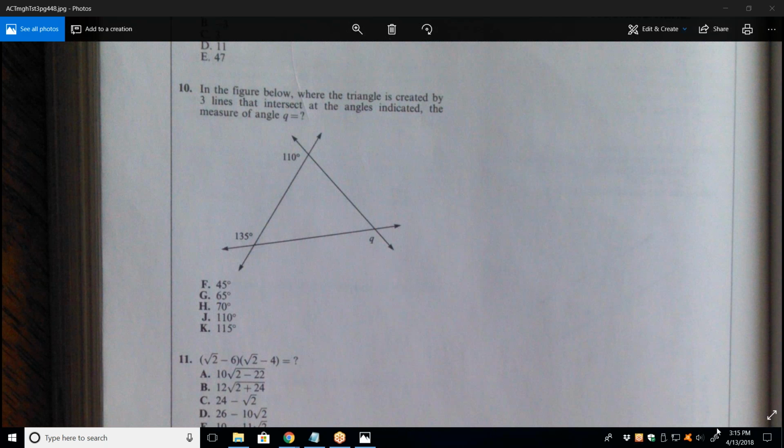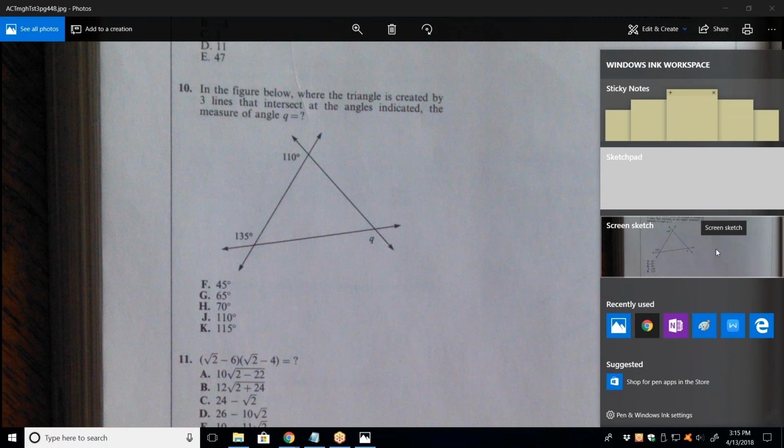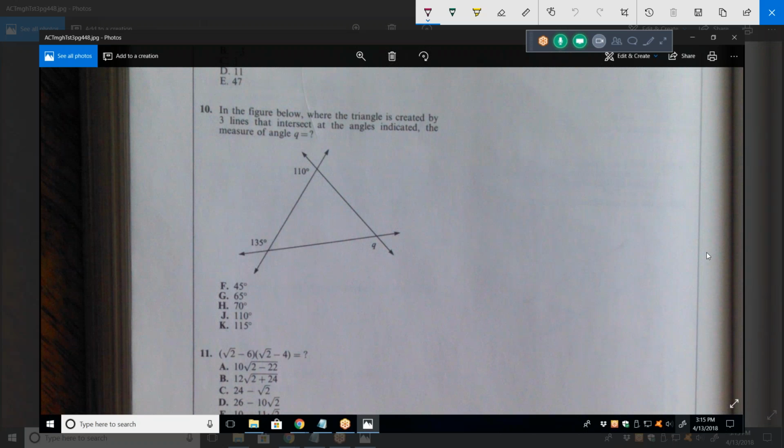They want to know this angle right there. Tell me how I'm going to get that angle.